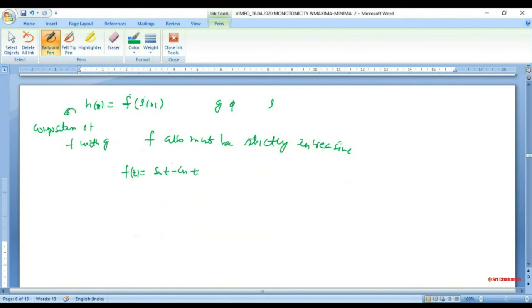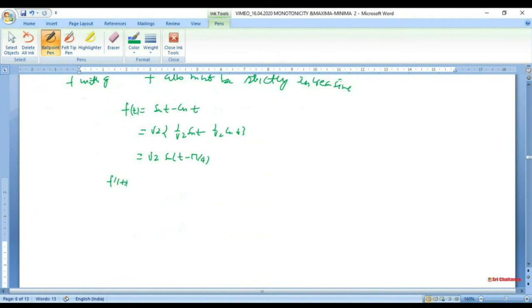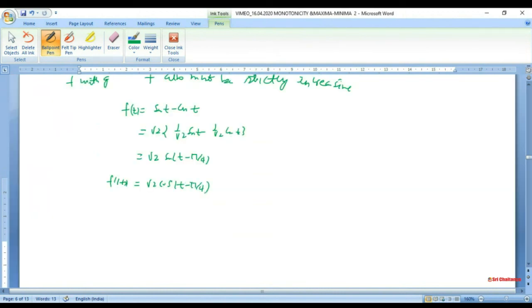Now this I can write as √2 times (1/√2 sin t − 1/√2 cos t). That is √2 times, and we can write it in terms of sine or cos, whichever we want. So you can write sin(t − π/4). Now f'(t) will be √2 cos(t − π/4).